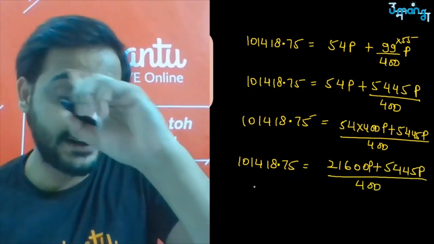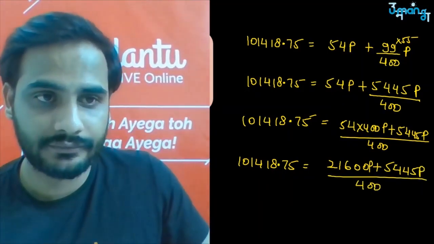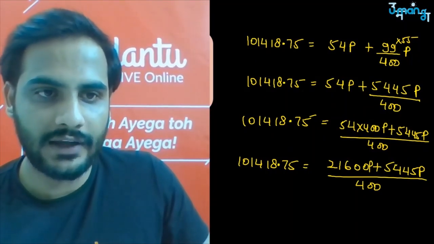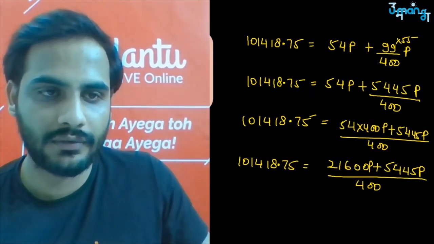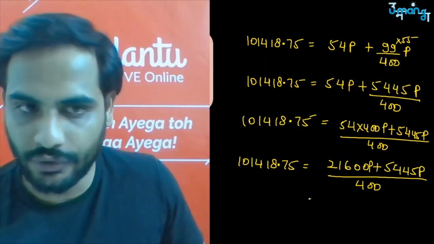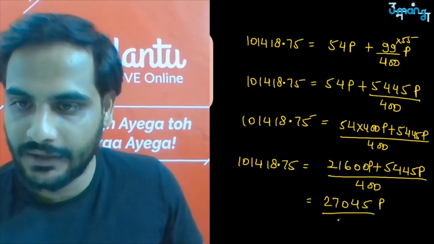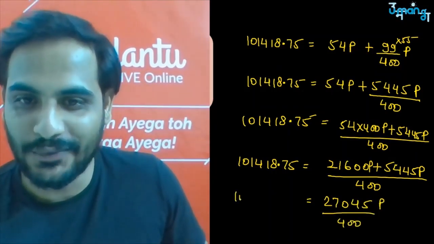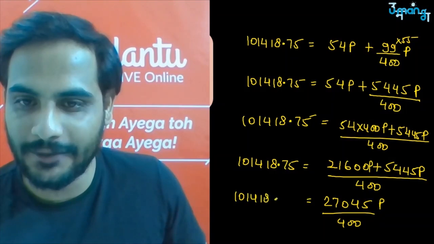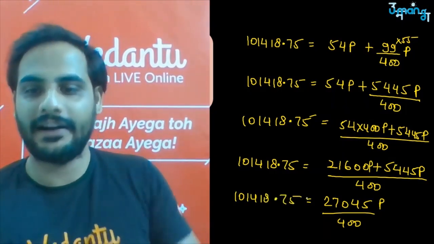So finally at the end you are getting 27045 into p divided by 400 is equal to 101418.75.